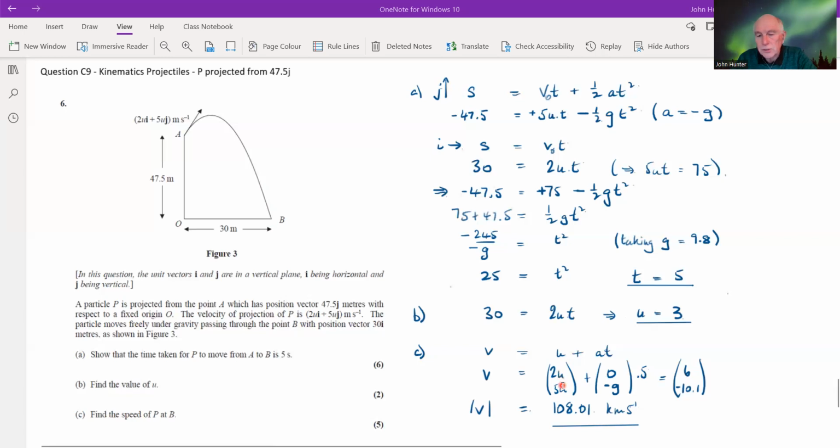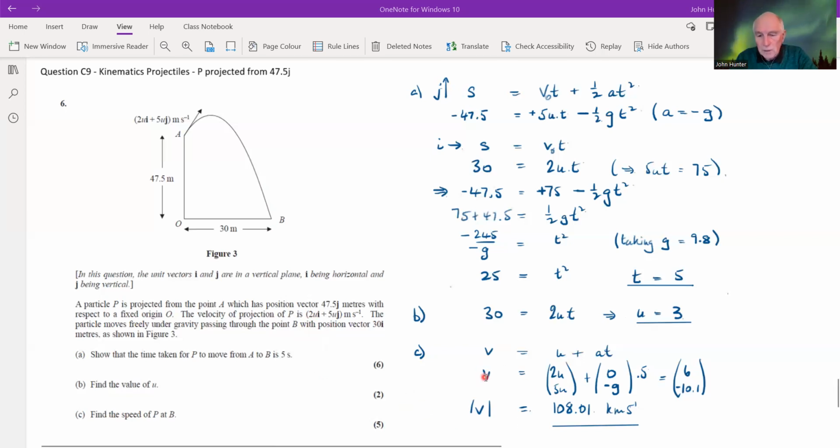So I suggest you might try to do that yourself, rather than writing it all on one line with i's and j's, which can get a bit more confusing and difficult to work with. So the column vector form is nice, but if the question is asked in ij form and they're asking you for a vector solution, then you would need to give that answer in the same terms as it's been asked.